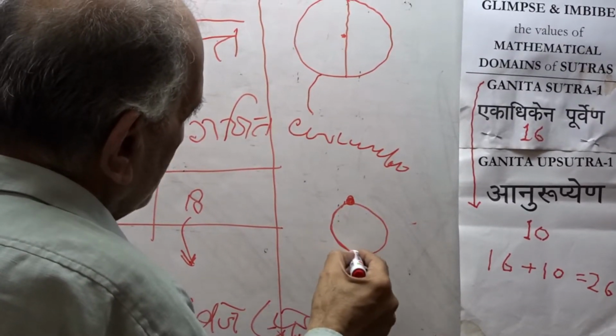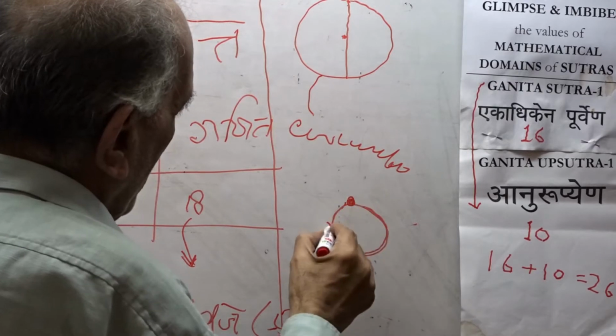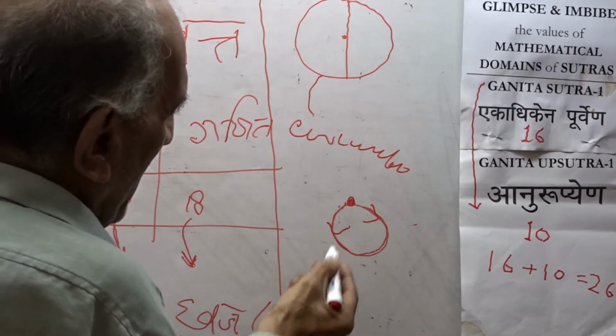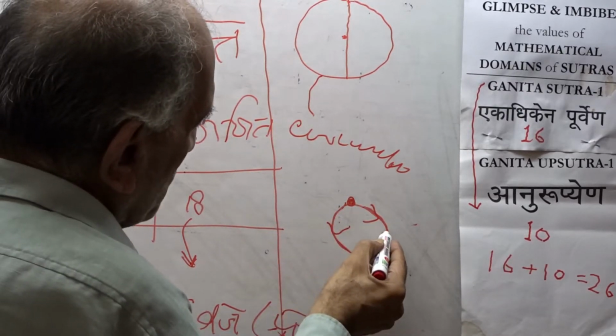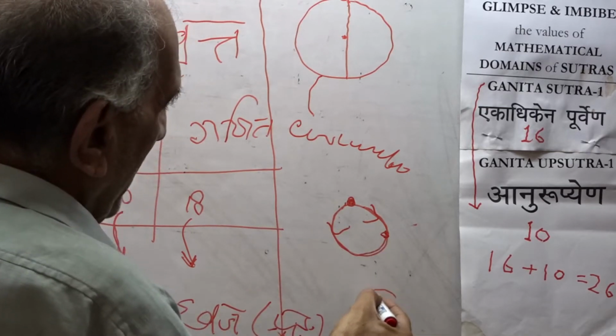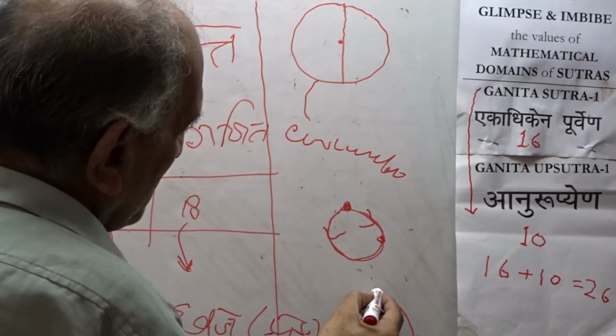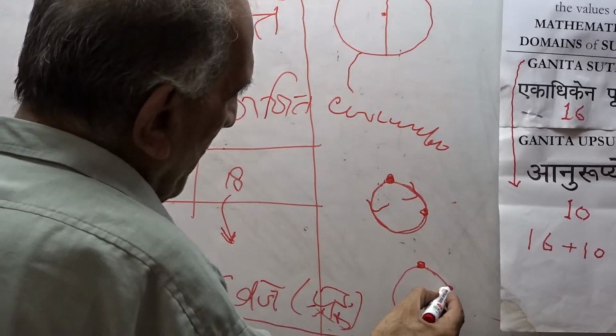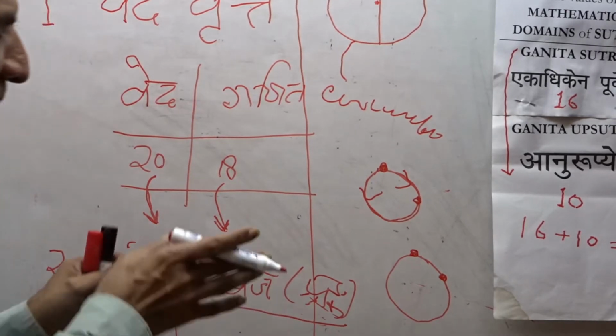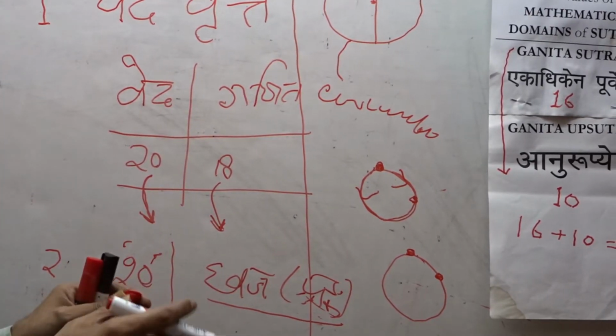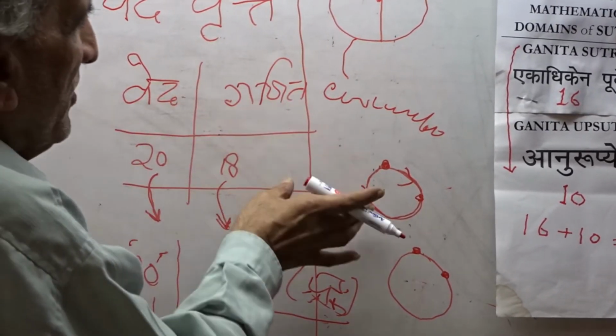making this circle in a pair of orientations, and if we add one more point to it, therefore ekadhiken purve, if to the previous point on a circle we add another point to it, then what makes a mathematics? How the Ved Vrit is going to be changed?